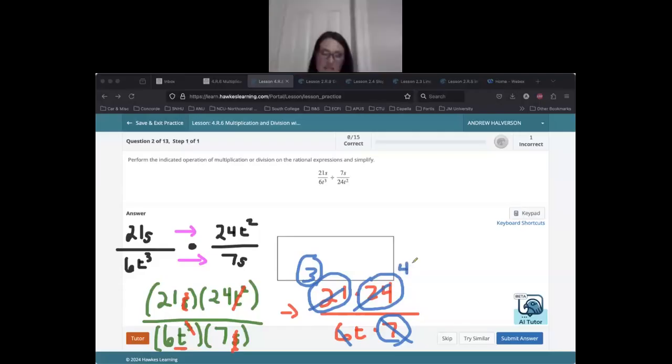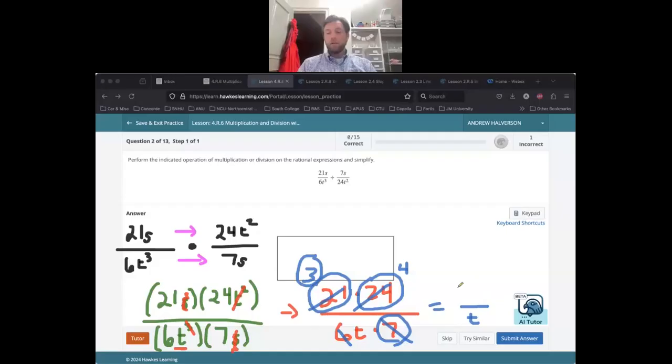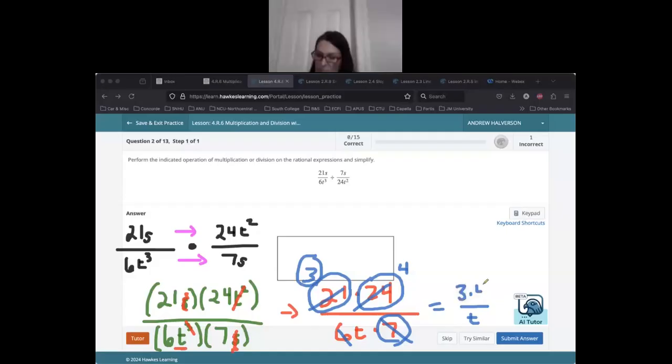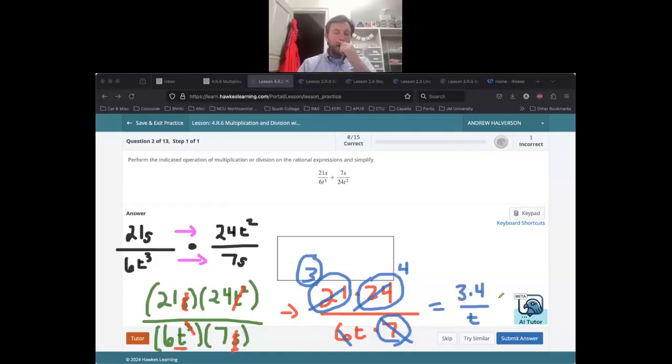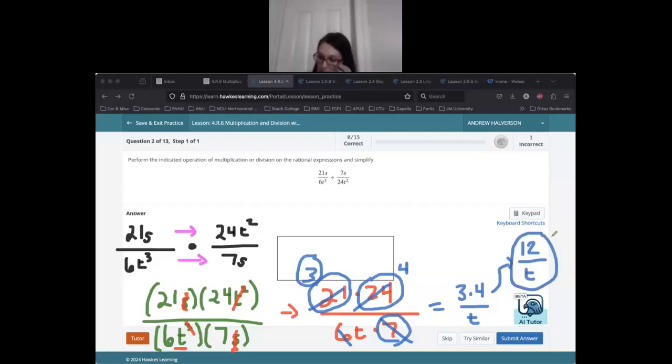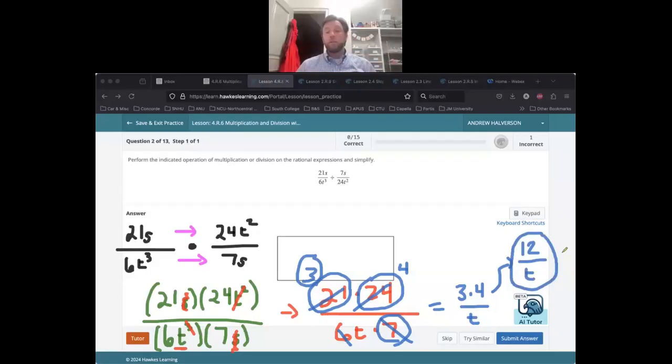Well, the t is left behind. And in the top, it becomes 3 times 4, which is 12. So the 12 over t. It's just the process of simplifying fractions, canceling stuff from the top and bottom.